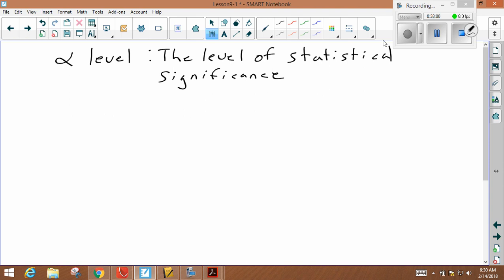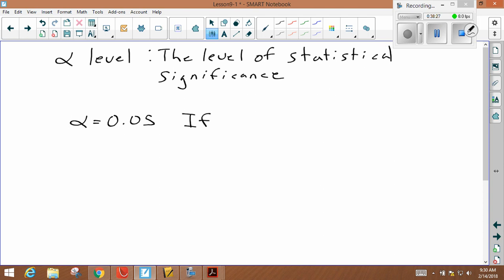So imagine we wanted an alpha level of 0.05, which is extremely common. So our level of significance is 0.05.